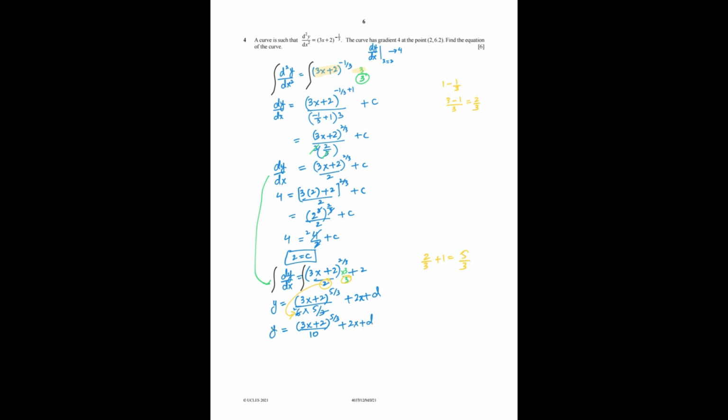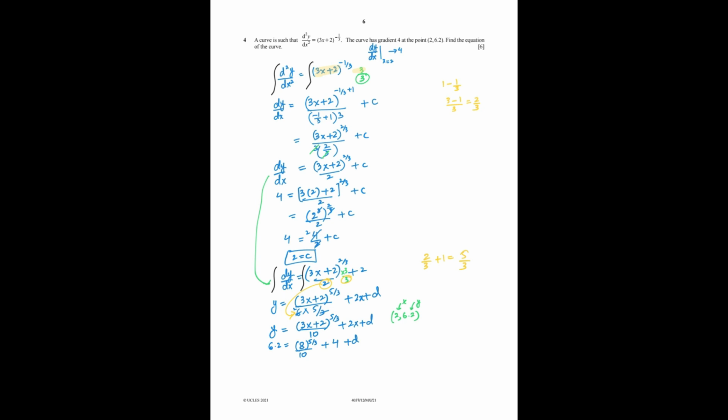Now we need to find out the value of d here. For that we have a coordinate, it's (2, 6.2). So we have the value of x and we have the value of y. I'm going to place the values here. So y is 6.2 equals 3 times 2 is 6 plus 2 is 8, with the power of 5/3 divided by 10, plus 2 twos are 4, plus d.